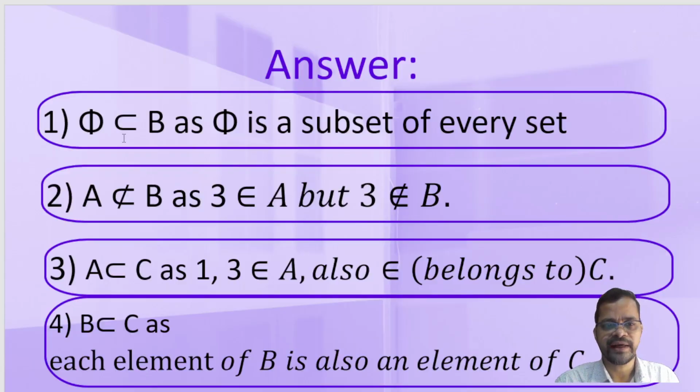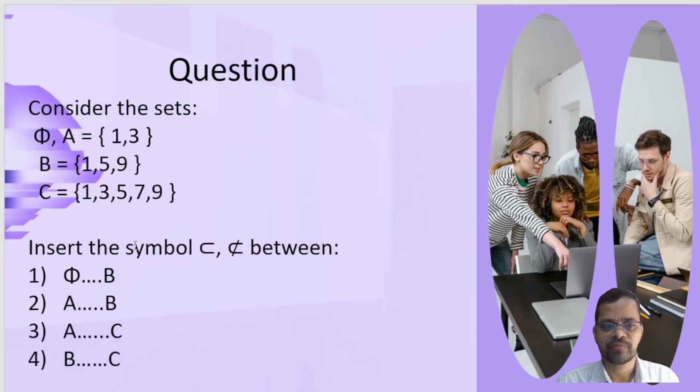Phi is a subset of B because we have to remember that phi is a subset of every set. If the question says phi and A, the answer will be that phi is a subset of A also. If the question says phi and C, whether phi is a subset of C or not, of course phi is also a subset of C. So the concept says phi is a subset of every set.